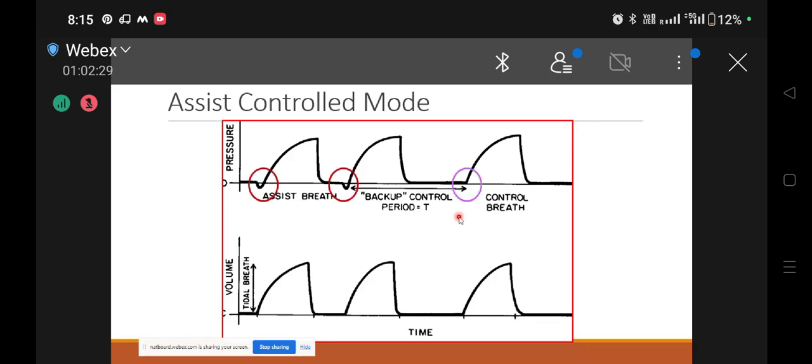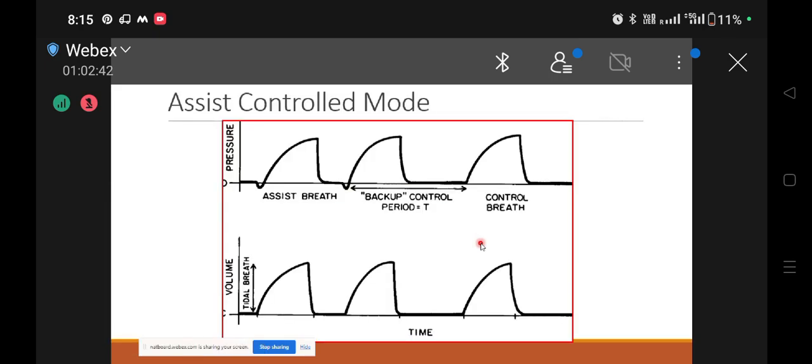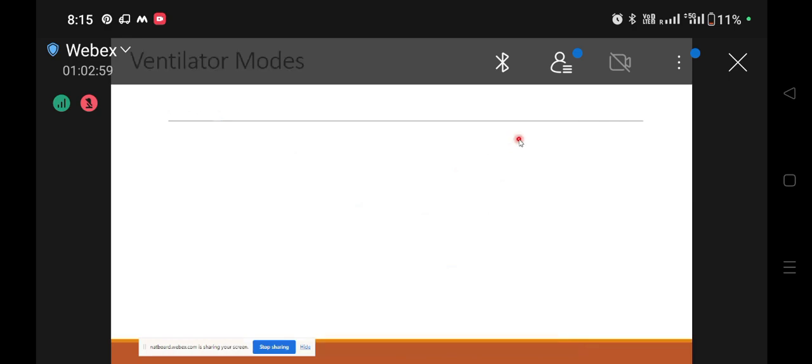And if you see over here, the volume is almost the same because it's volume targeted ventilation. We have targeted a certain volume, and once the patient triggers, the ventilator delivers a set target volume to that patient. And if it doesn't trigger, the volume is already preset to deliver a controlled breath.